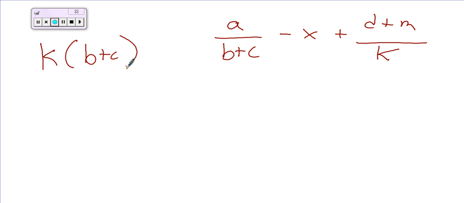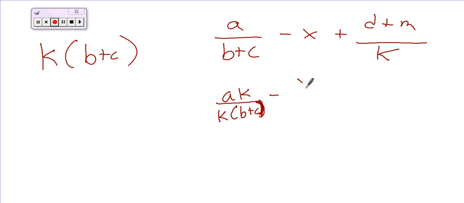All right, so this first one, my first term is missing the k, right? So that's going to be ak. Minus, the x is missing everything, right? So the x is missing the whole deal.